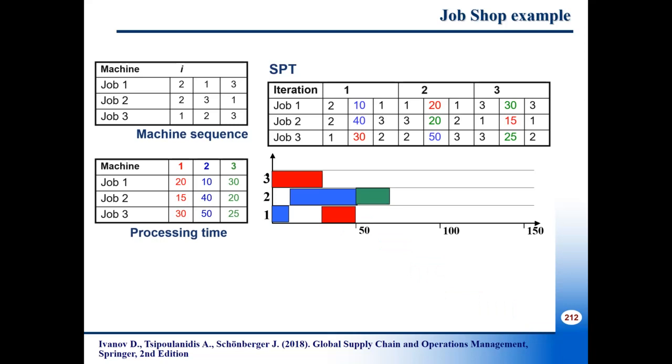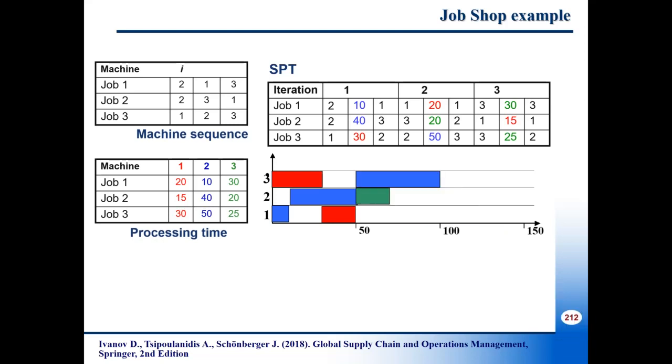And then we go back to the next sequence of the second iteration, that is job number 1 processed by machine number 1. So it takes 20 minutes. And therefore, so far, machine number 1 has processed job number 3 and number 1 at 30 plus 20 equal to 50 minutes.